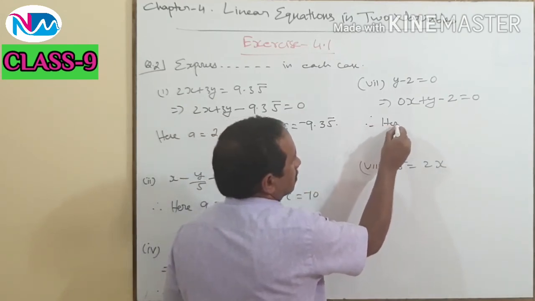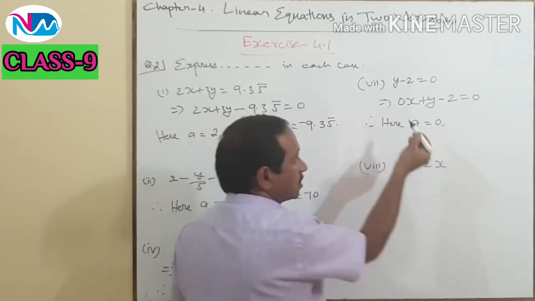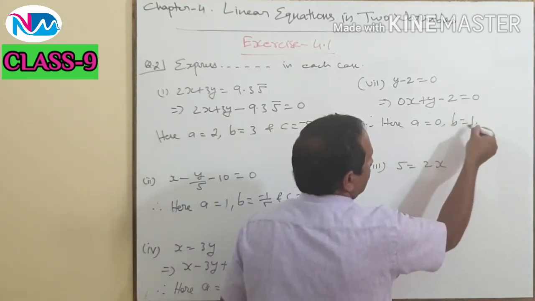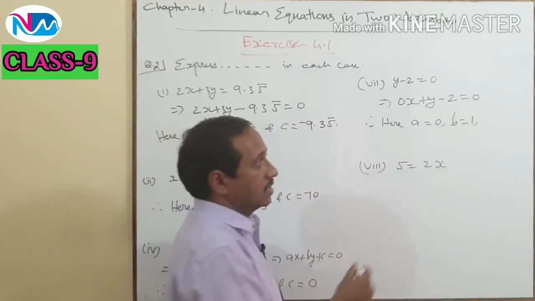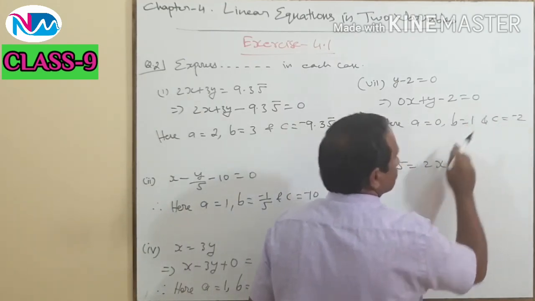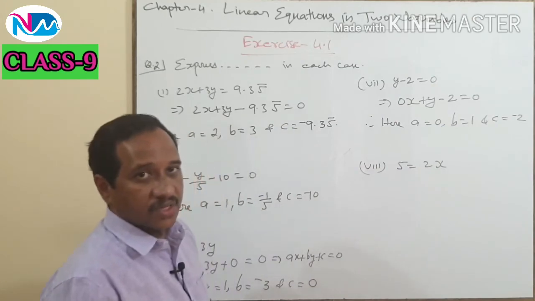Therefore, here a is equal to 0, which is the coefficient of x, b is equal to 1, which is the coefficient of y, and c is equal to minus 2, which is the constant term.